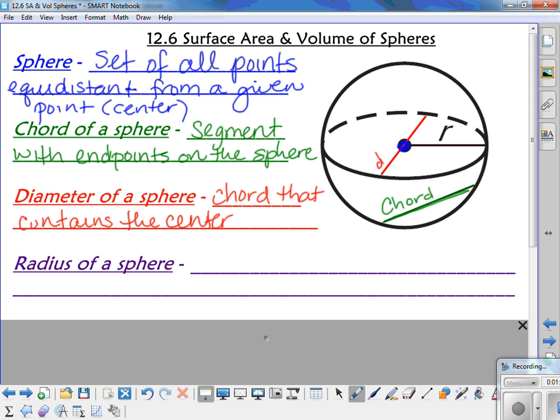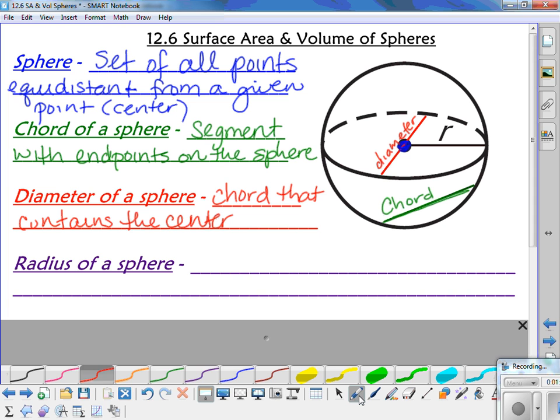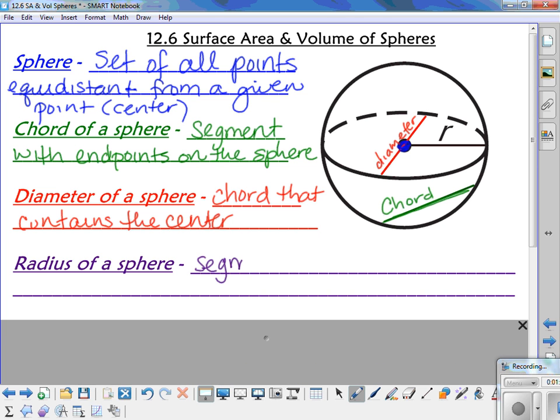So right here is my diameter. And then finally, the radius of the sphere is a segment that goes from the center to a point on the sphere. And just like circles, the radius is half of the diameter.